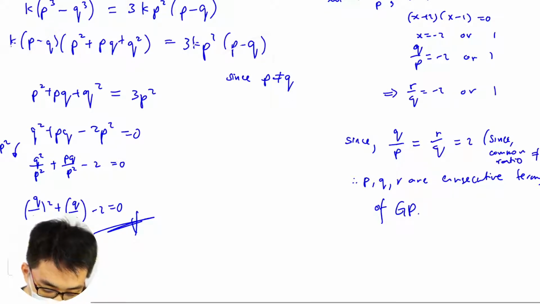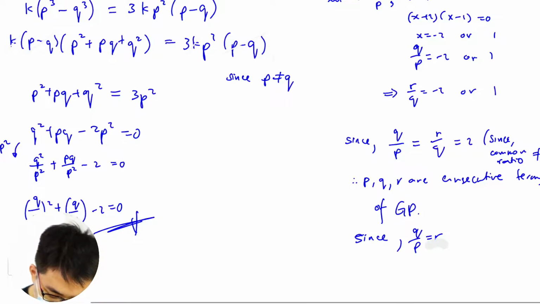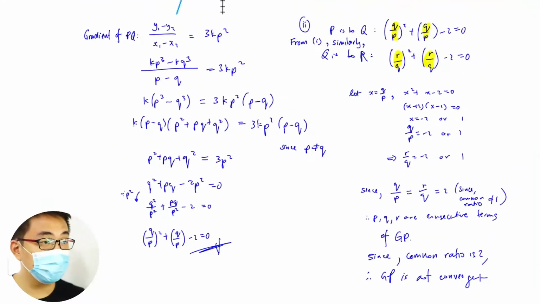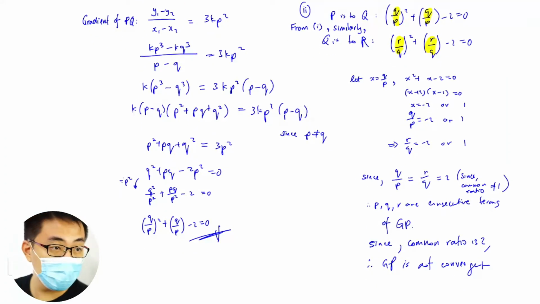So thus, since Q over P equals the common ratio, it is 2, GP is not. Okay, there you go.